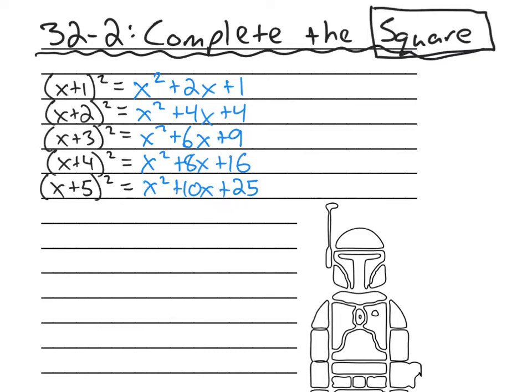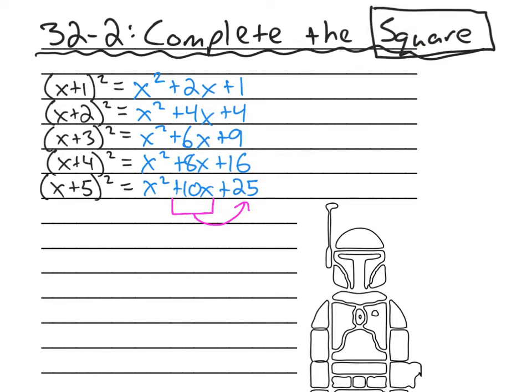Now your task to do is find another pattern. I want to see if there's a pattern going from the middle to the last term. Is there a pattern going from the middle term to the last term? Is there a way to build the last term if you knew the middle term?